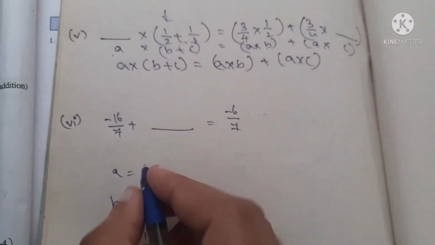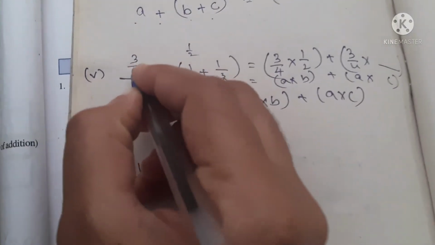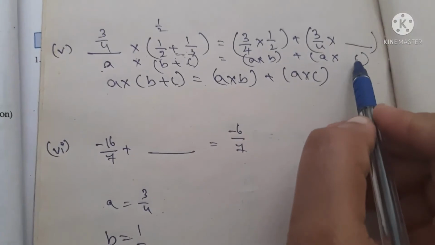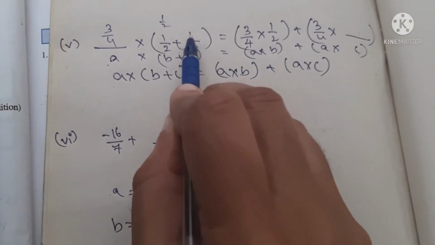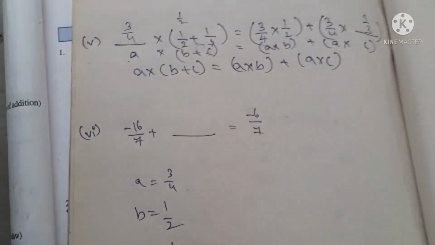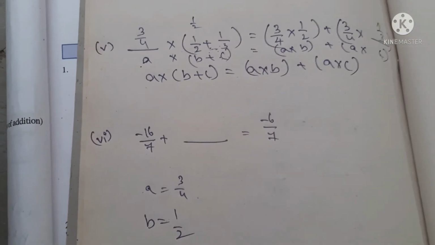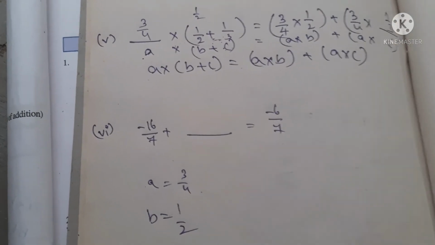So A value is 3 by 4. Just write here A value 3 by 4, and in the last blank, the C value. So where is the C value? Here. So the C value is 1 by 3. Okay, did you understand? Just find which property it is. So the given problem is which property.